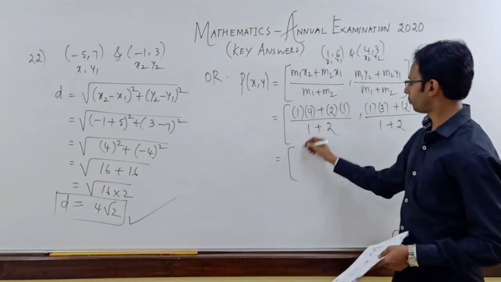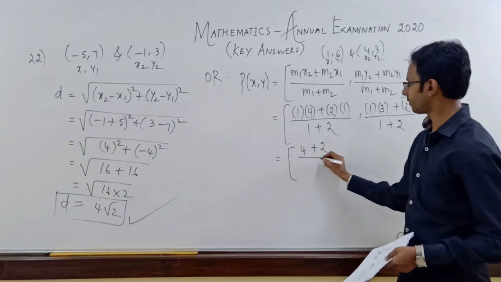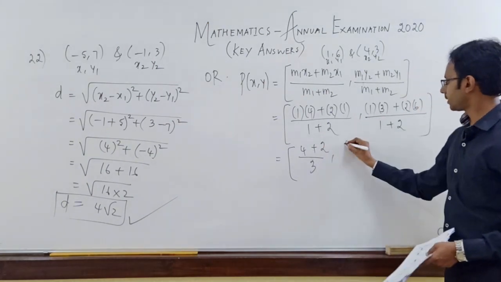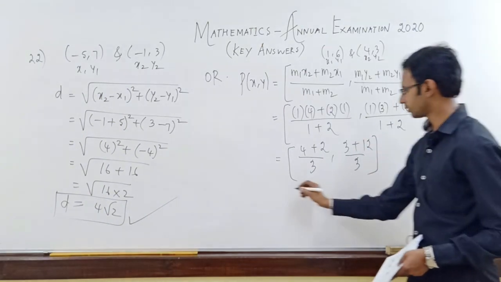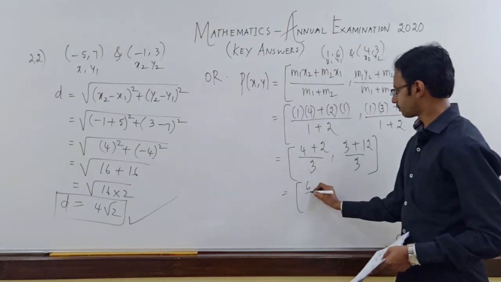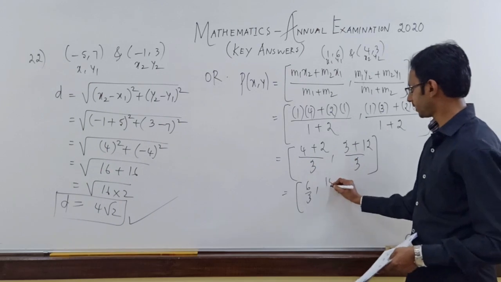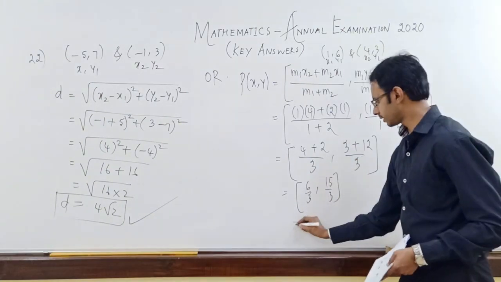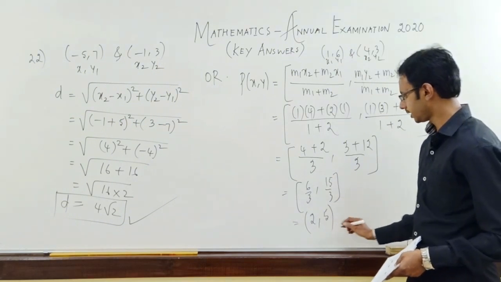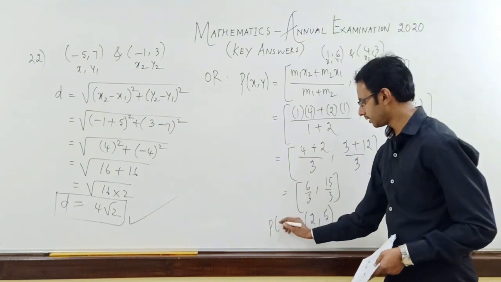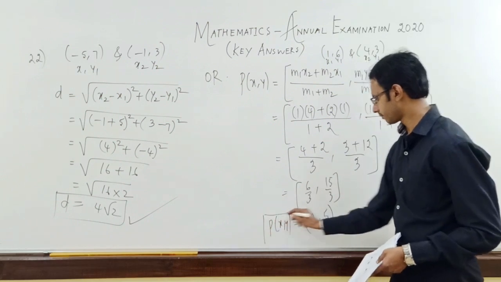So 1 4s are 4, 2 1s are 2, divided by 3; 3 1s are 3 plus 6 2s are 12, divided by 3. So this will give you 6 by 3 and 15 by 3. Further, this is possible to divide. 3 1s are 3, 2s are 6; 3 5s are 15. 2 comma 5 is the point of section.